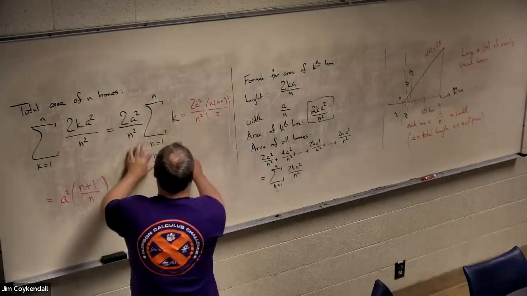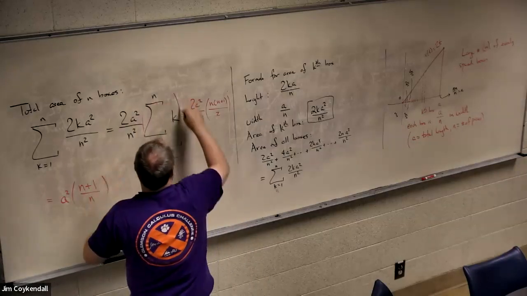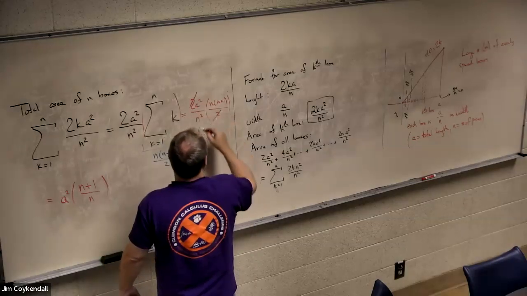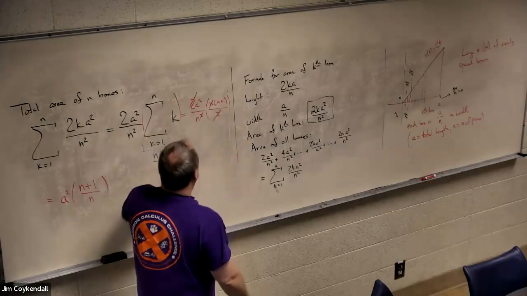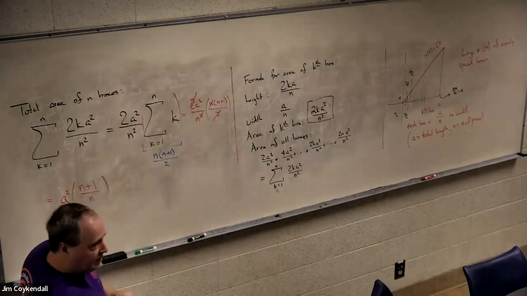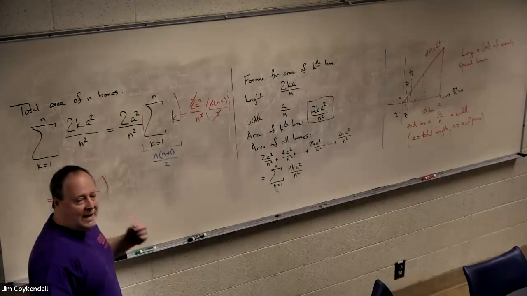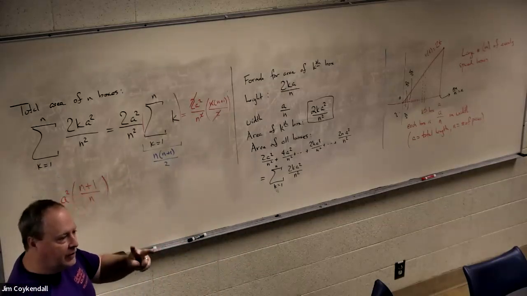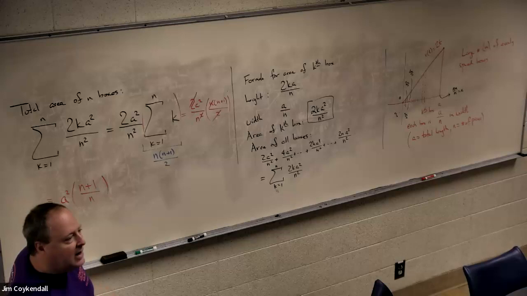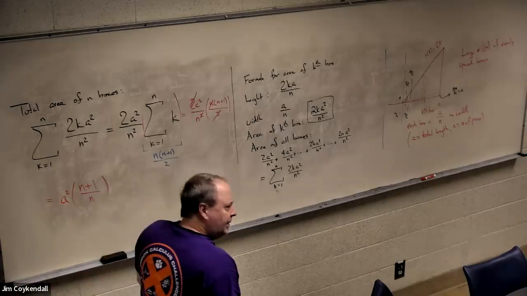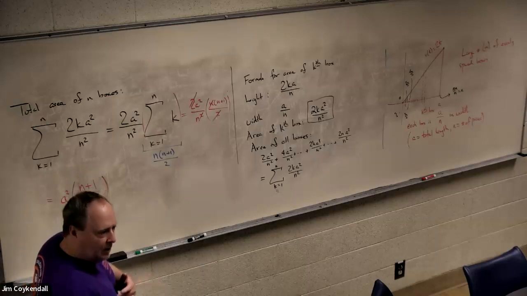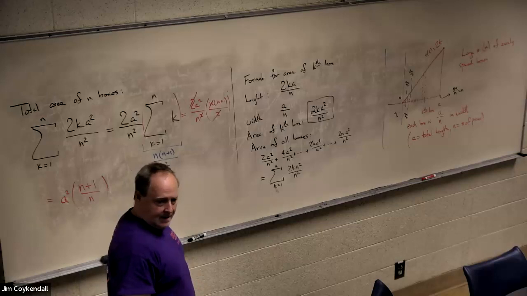Just put this in instead of this, and then I cancel the 2 and I cancel one power of n, leaving me with an a squared and an n plus 1 over n. Does that make sense? Notice when n equals 2, that was the first example I did when we broke it up into 2 boxes. I get 3/2 a squared, and that's what I got. And then the next example I did was when n equals 4, I got 5/4 a squared. So this formula all works. Everybody okay with that?